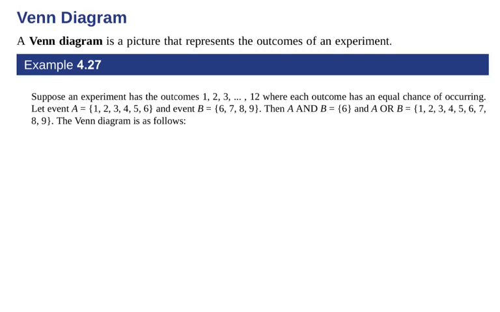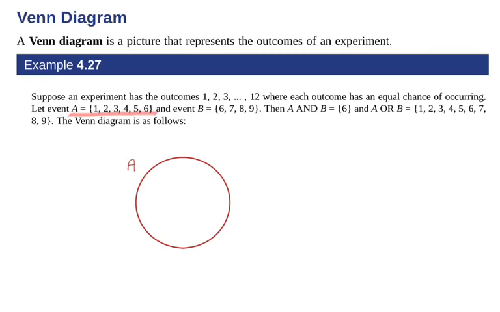And then we could see that the AND case is 6, because that's what's going to be what's in common between these two. And then the OR case, just getting all of them. So 1 through 6, and then adding any additional values that weren't already included there.